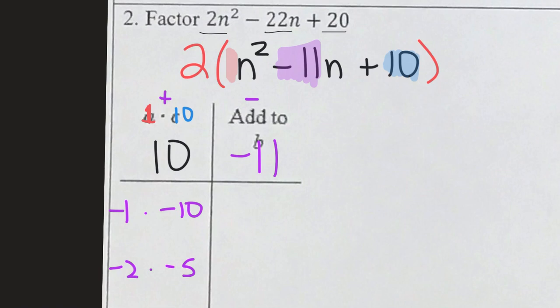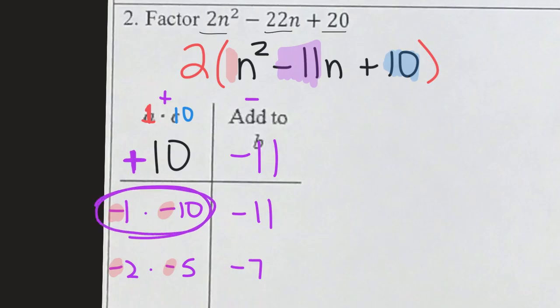If your product is positive and your sum is negative, then both of your factors, both of your multipliers, will be negative numbers. That was one of our general rules from yesterday. So I think we can tell exactly which factors we want. We want them to be negative 1 and negative 10, because those are the numbers that multiply to give you positive 10 and at the same time add to give negative 11.